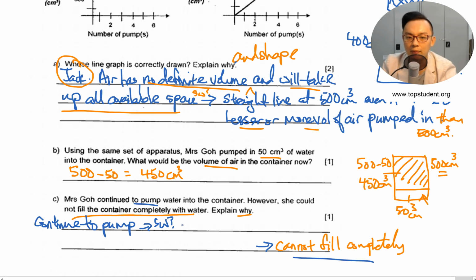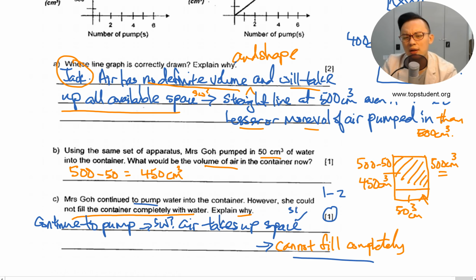So as you continue to pump water, the air is what? Air is a matter and takes up space. All right, air will take up the space. And because this is a 1-mark question, you're expected to give 1 to 2 scientific explanations. So air takes up space, this is your 1 scientific explanation. Ask yourself, so what? So what if air takes up space? Is there anything else you know?